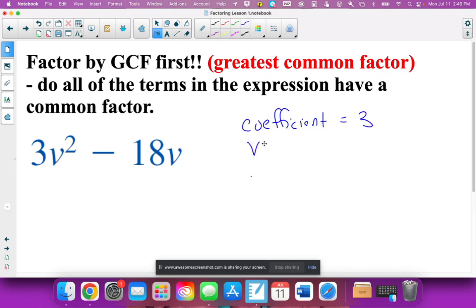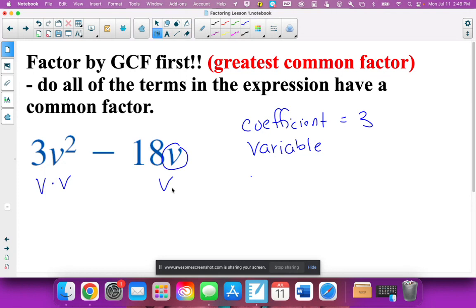But now we have to look at the variable part. The variable rule, the way variables work as far as what's a common factor, is you cannot take more out than you have. So this one has 1 v. This one, remember, if you have v squared, that's like v times v. This one's got 2.